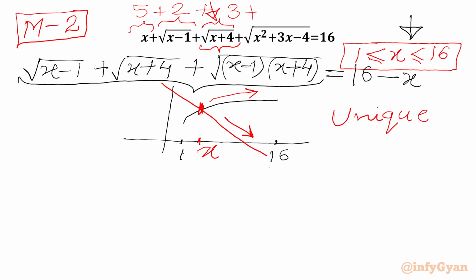So 25 plus 15 is 40, minus 4, 36, square root 36 is 6. 5 plus 2, 7, 7 plus 3, 10, 10 plus 6, 16, which is our RHS. So we can say the only intersection would be x equal to 5 using the graphical approach.